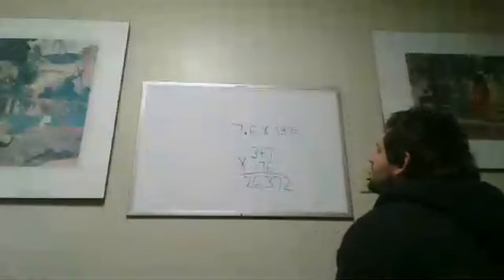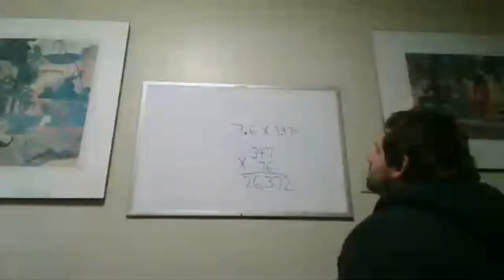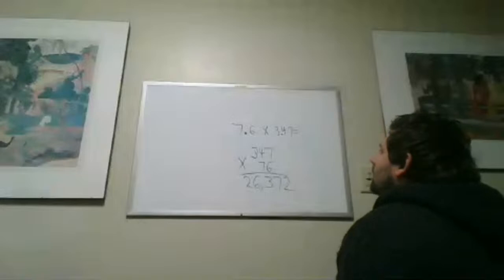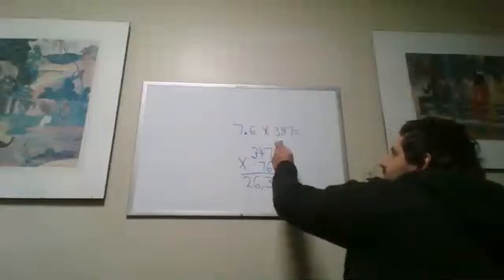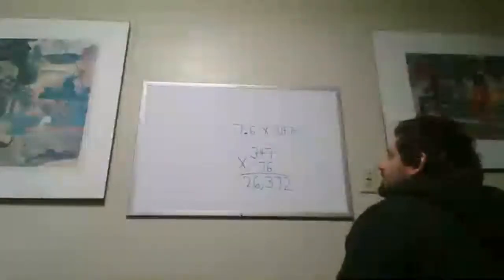All right, so again, we have to count how many numbers are behind each of the decimal points. So in 7.6, we have one number that's behind the decimal. In 3 and 47 hundredths, we have two numbers that are behind the decimal.